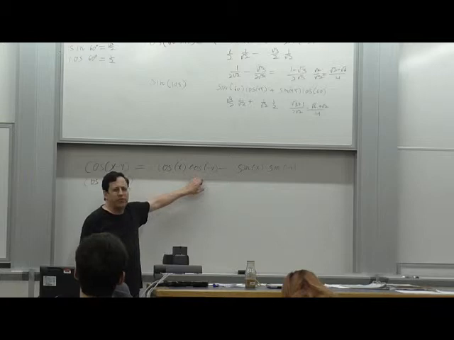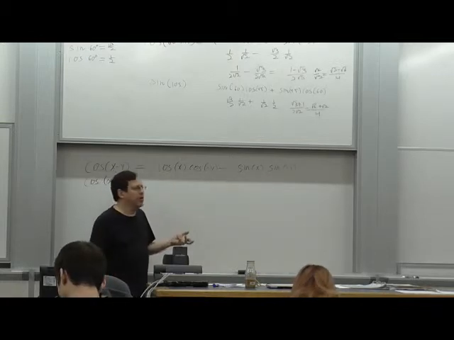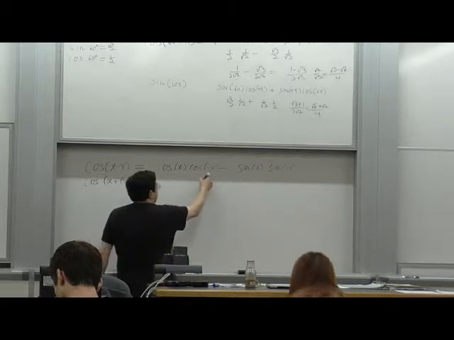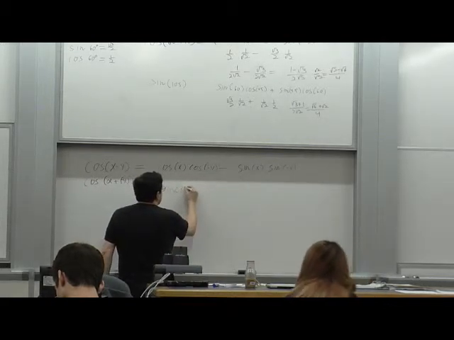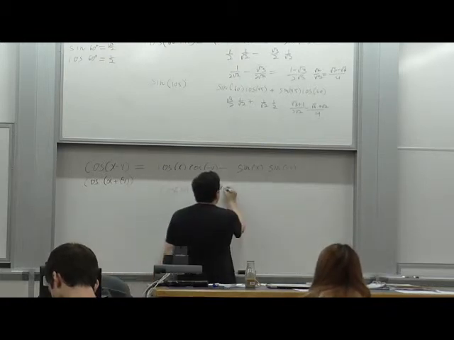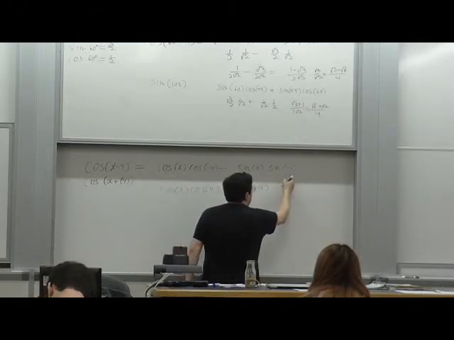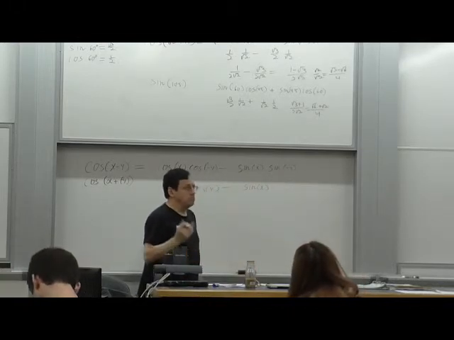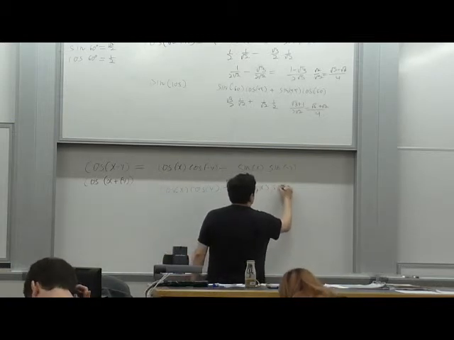Oh, but we know how to simplify these, don't we? The odd even identities. Cosine of minus y is what? Cosine y. Sine of minus y is minus sine y, so this just becomes a plus.